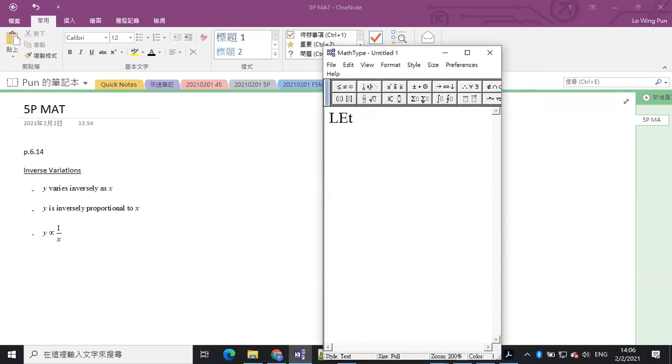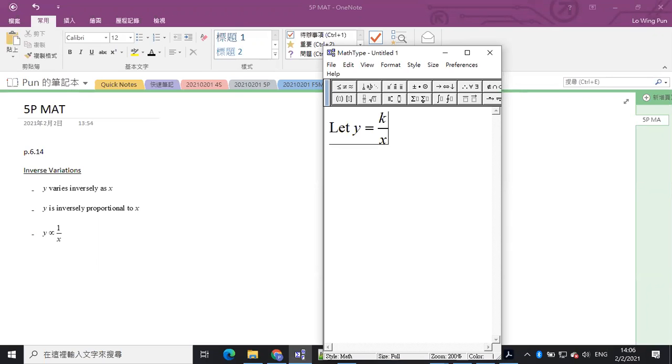You will let y be equal to a fraction. The upper part is a constant, the constant k, and the lower part will be x. So that is varies inversely as x. When you see the keyword inversely as x, the x will be on the lower part, on the denominator.